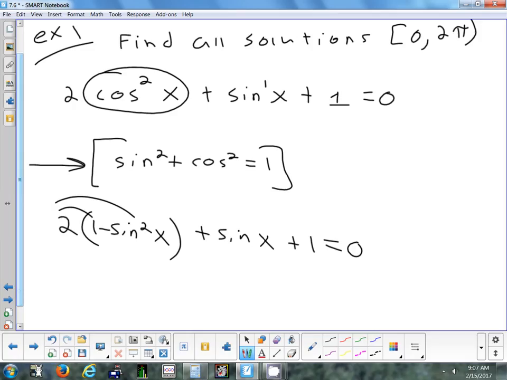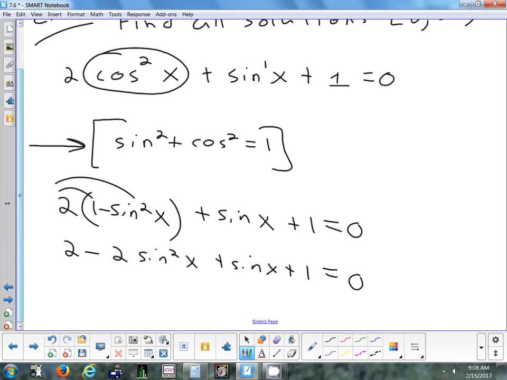All right, so now it's 2 times what you just substituted in. So we have to multiply that out. Let's see. What's 2 times 1? 2. And then 2 times negative sine squared is just negative 2 sine squared. Would it be 2x, or does that x count with the sine?